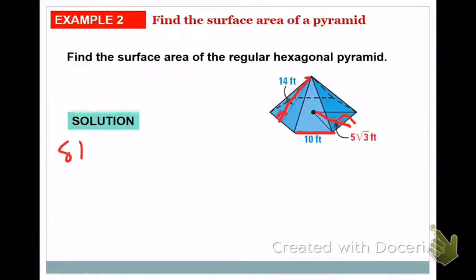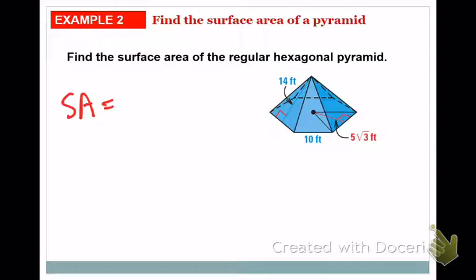Surface area equals the area of the base, B, plus 1/2 L P. Right?